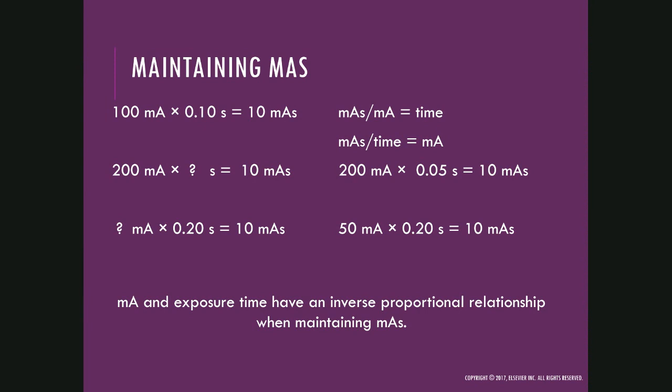Sorry about that. They are inversely proportional to each other when you are maintaining MAS. So this is one of those things where if you're doing a math problem, you need to really ask yourself, what is this question asking me? If it's asking you to maintain the exposure to the IR, but to use, say, a shorter exposure time, then you're going to have to change one up and one down because they're inversely proportional to each other.